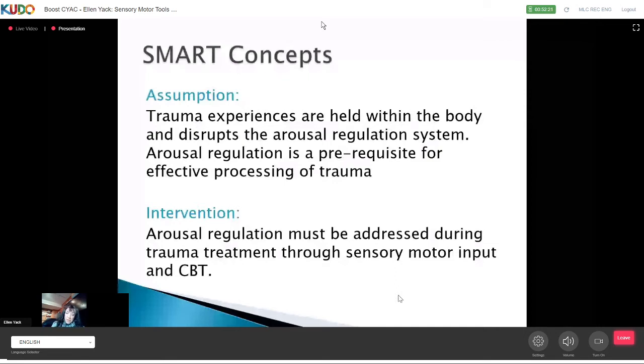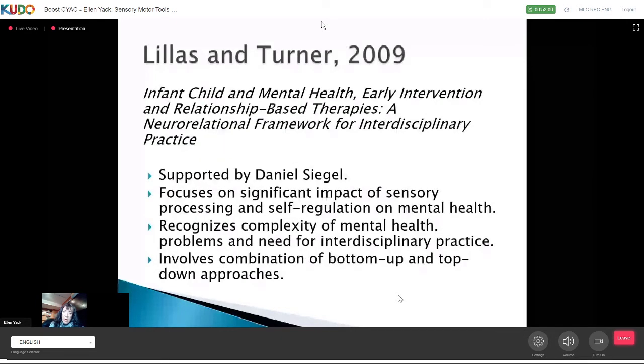So arousal regulation must be addressed during trauma treatment. And to address arousal regulation, you need to be aware of sensory motor input and how it impacts arousal regulation. And of course, CBT is also an intervention that is part of the SMART concept. Just to alert you to other areas within mental health that focus on sensory motor tools.